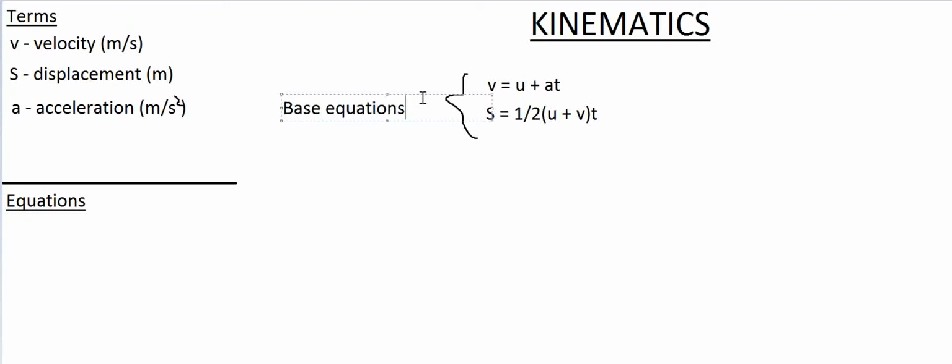They don't need to be derived. From these two you derive the other two equations. The other two are derived equations. So I'll go through these two first. Know that U means the initial velocity and V means the final velocity.